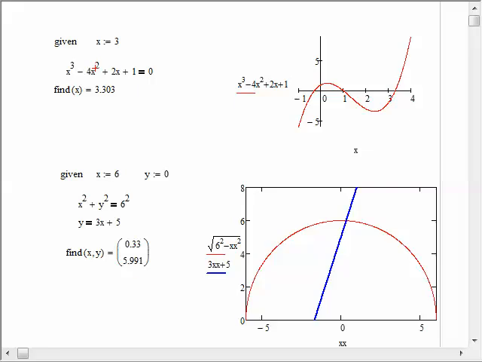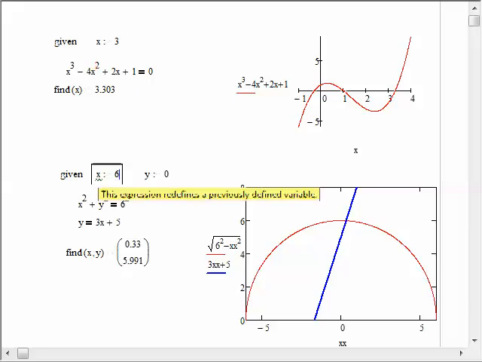If I make a guess at x equals 6, y equals 0, first of all I can see the circle of radius 6. Here's my straight line. Guessing x equals 6 has led me to x equal 0.3 and y equal very, very close to 6. Okay, and so that would be an upper solution.